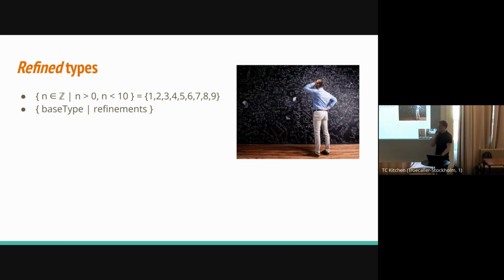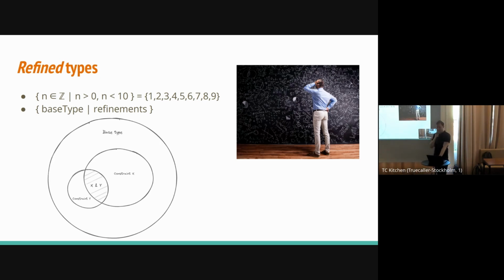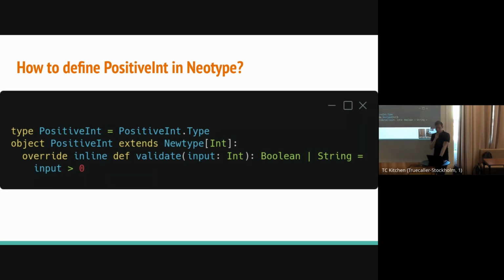So you cheat and you use a bigger type, and then you refine it. You can visualize it: the large circle is all the integers, and then you constrain it and get your type.